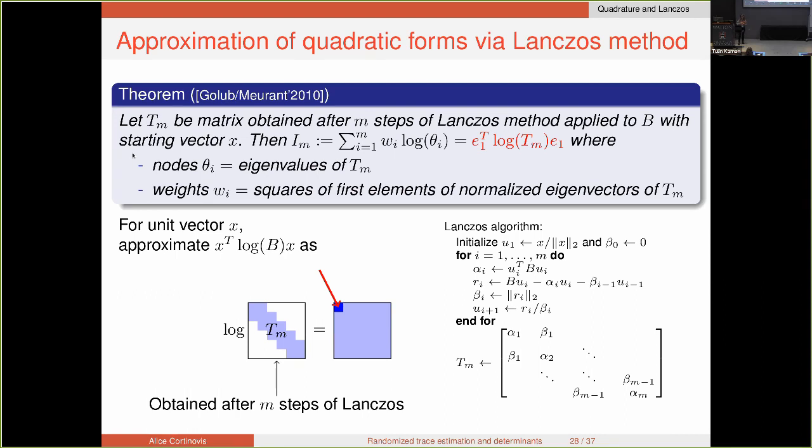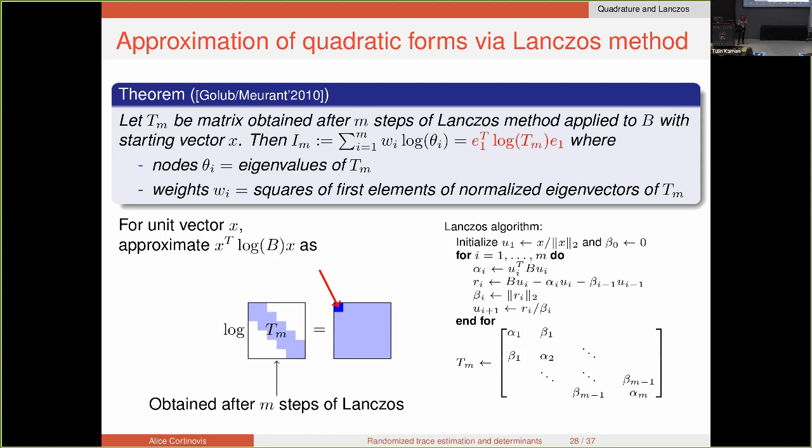The nodes θ_i of the Gauss quadrature rule with m points for the integral of the previous slide are the eigenvalues of T_m, and the weights w_i are the squares of the first elements of the normalized eigenvectors of T_m.